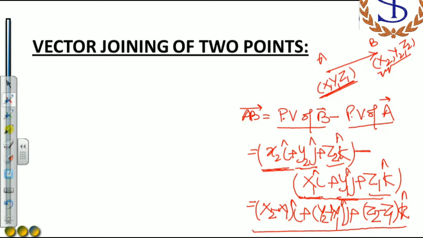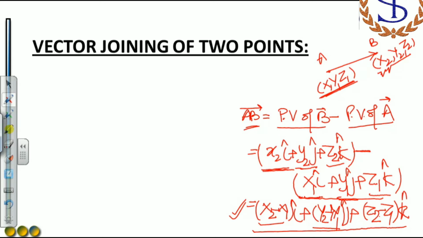Now how can you find the components of this AB vector? It's very simple. If I want to know the scalar components, then the answer is x2 minus x1, y2 minus y1, and z2 minus z1. If I want to know the vector components, again it is very simple: put i, j, k before these scalar components.